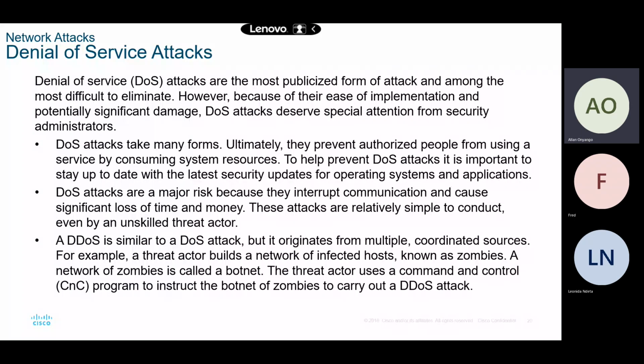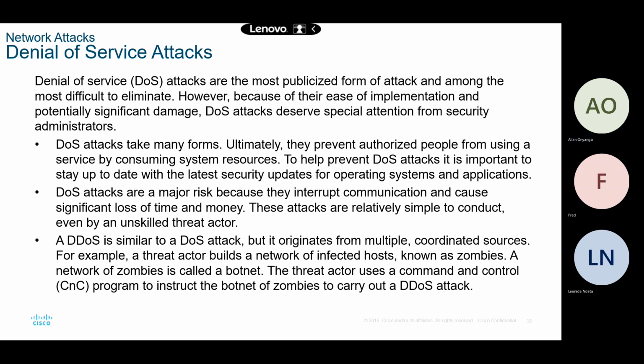And that's what makes it extremely difficult to prevent. It's important that we pay keen attention to some of these attacks because they are the most common within our network.